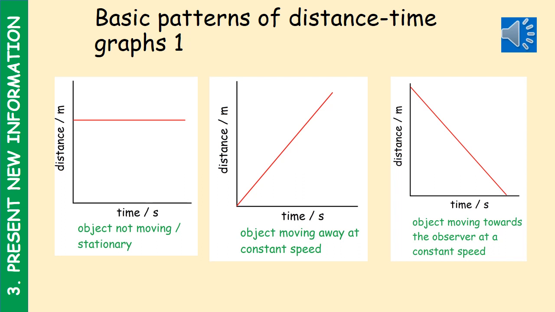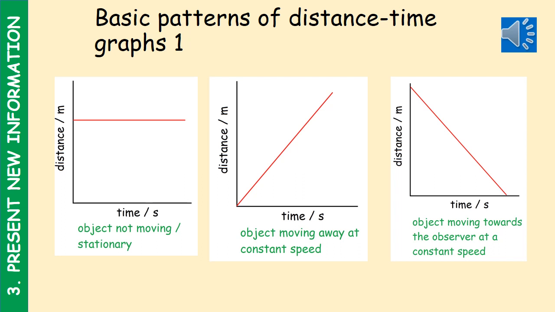The other two have got an angled line, one with a positive gradient, the other with a negative gradient. So in the one in the middle there, the object is gradually getting further and further away from the observer at a constant amount each second. So this object is moving away at a constant speed, otherwise known as a uniform speed.